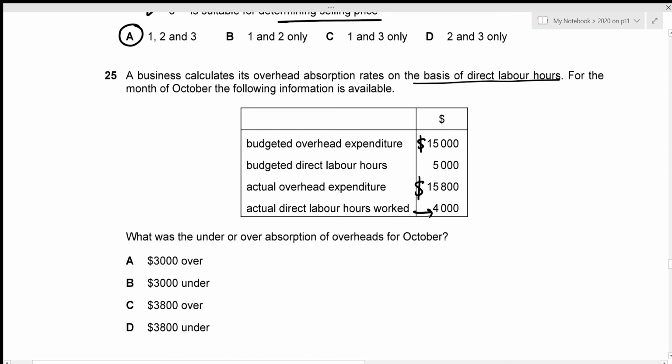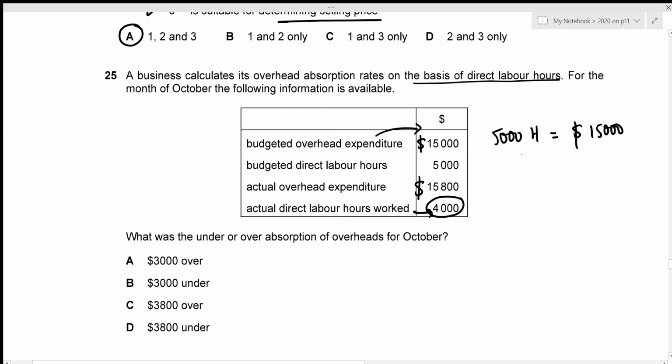Okay, so in order to compare, we need to have the same basis as the actual one, and we can see that for actual, the direct labor hours worked is 4,000. So we need to figure out the budgeted overhead expenditure corresponding to 4,000 direct labor hours. Let's use the unitary method. For 5,000 hours, we have the budgeted overhead expenditure of 15,000.